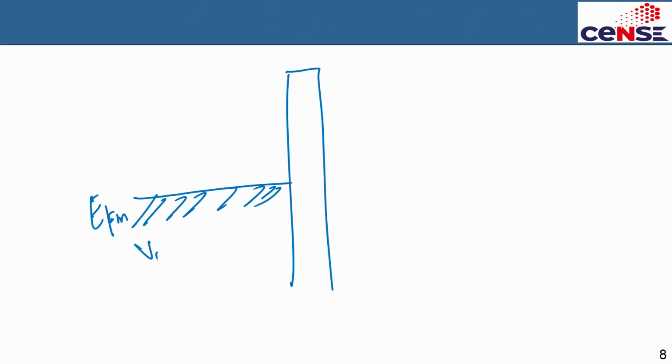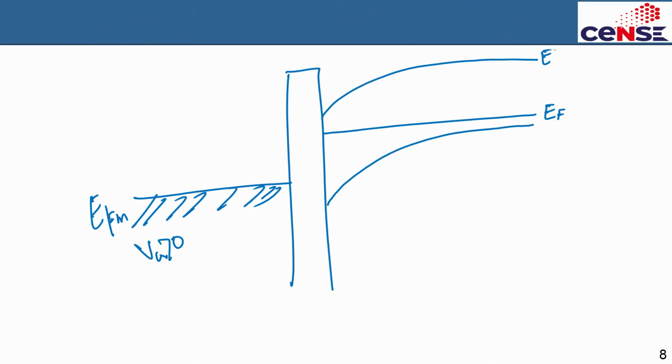I am applying a positive gate bias here, okay. So your semiconductor Fermi level is up here, your valence band is up to here, your conduction band is up here, okay, and your intrinsic Fermi level is here, which has dropped a lot. So what is this drop that you are having, which is phi s, okay, that band bending is the total potential you are dropping here.